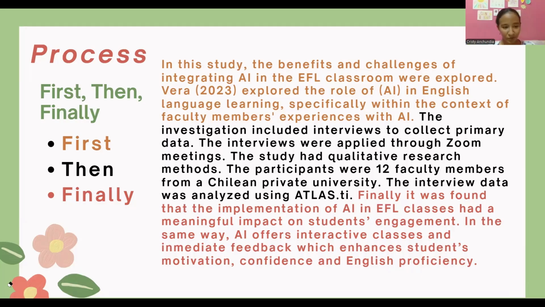And here we have the process. Here, the first, then, finally summary strategy is used. First of all, we should write about the title of the article as a topic sentence, the authorship, and some background about the topic.